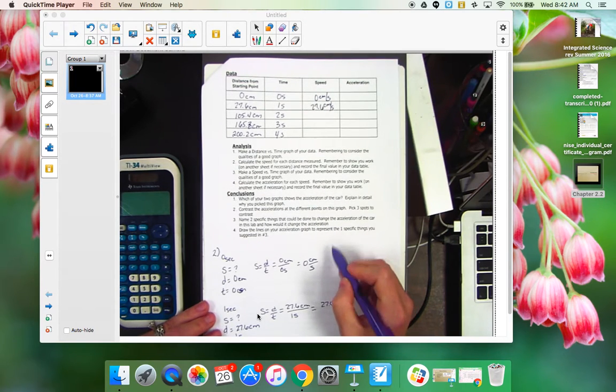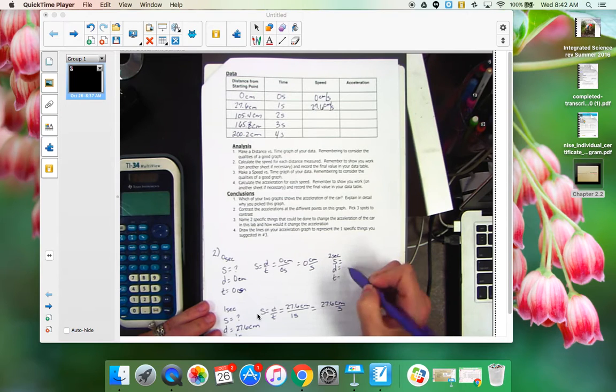Continuing on over here for 2 seconds. Speed, distance, and time. I've got my speed of question mark, my distance 105.4 centimeters, and my time 2 seconds. Speed equals distance divided by time.